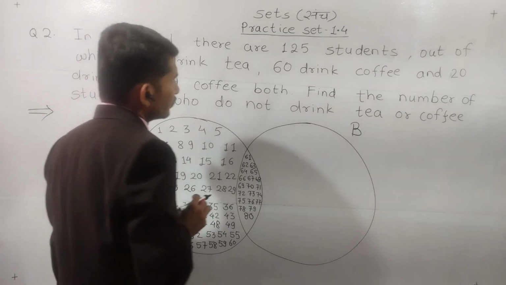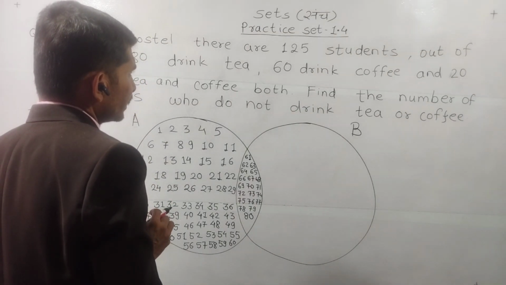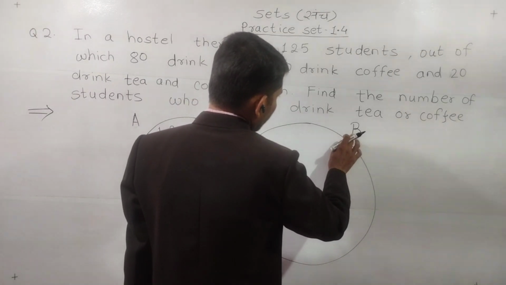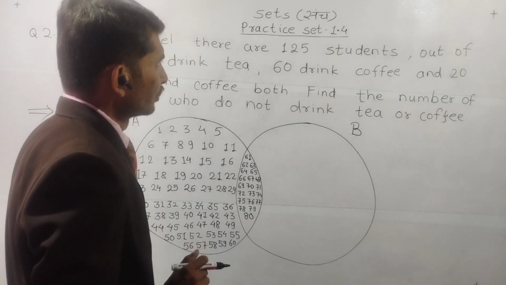Okay, now we will write down the 60 students who drink coffee. The set B we have drawn here contains the number of students who are drinking coffee.